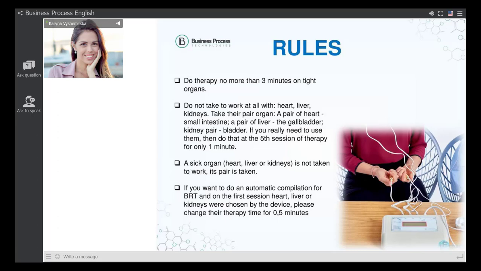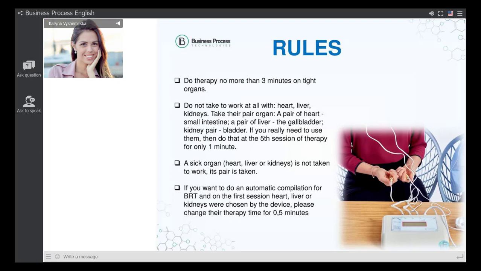So tight organs are like blood channels or like lungs, which have their surface but inside they're empty. And we have the organs which are full inside, like our heart, liver, kidneys.